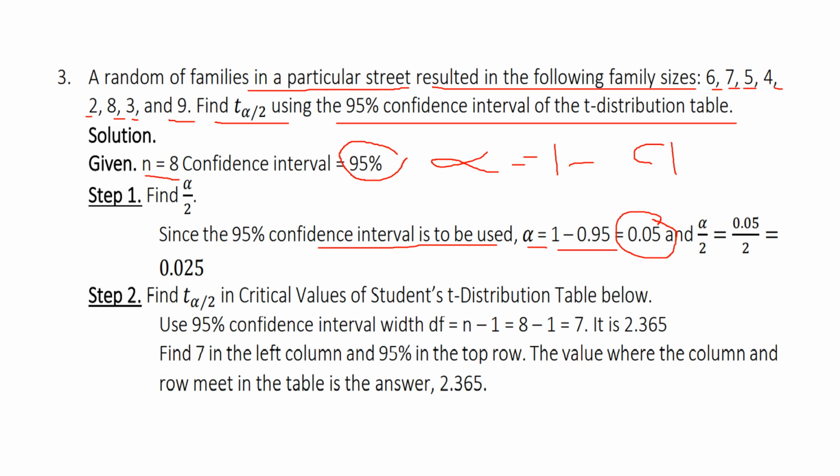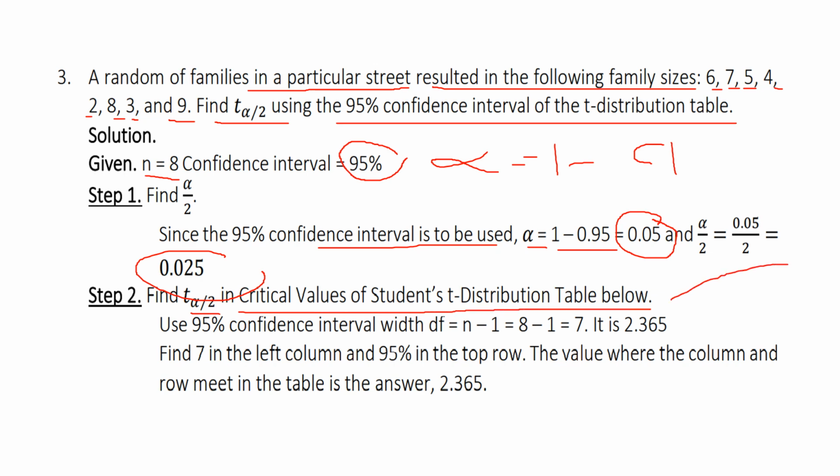So this value here, 0.025, is the probability or the area after your critical value that we can see in your t-table. Find your t sub alpha over 2 in the critical values of the student's t distribution table.